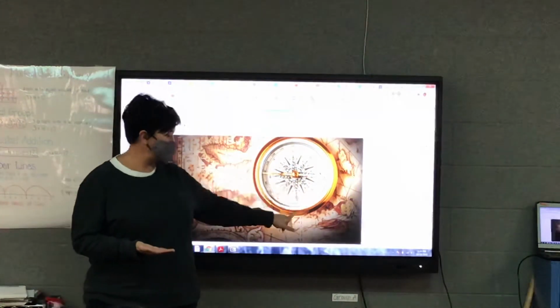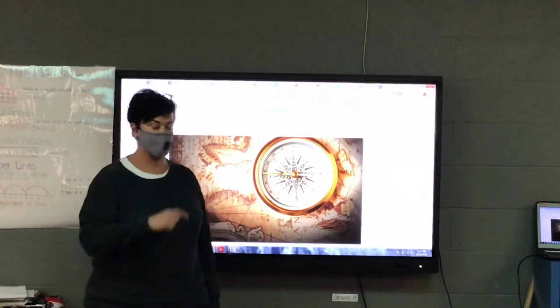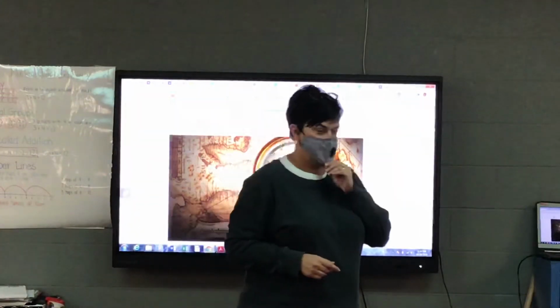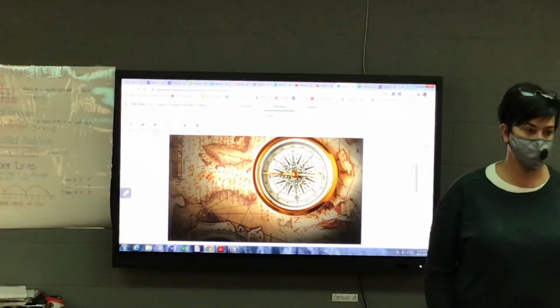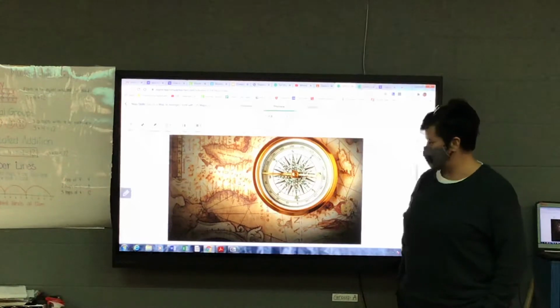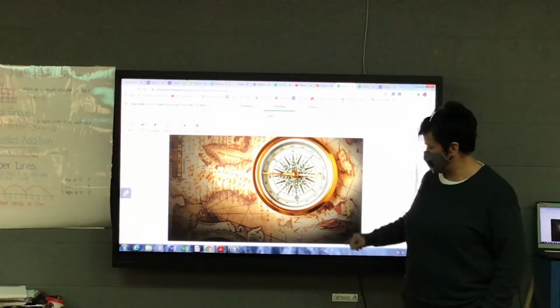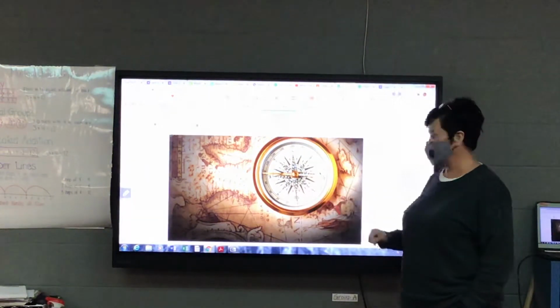So it would be pointing this way if I were holding it right here. It has black thingies and like all the cool drawings in the middle. This in the center, yep, exactly.